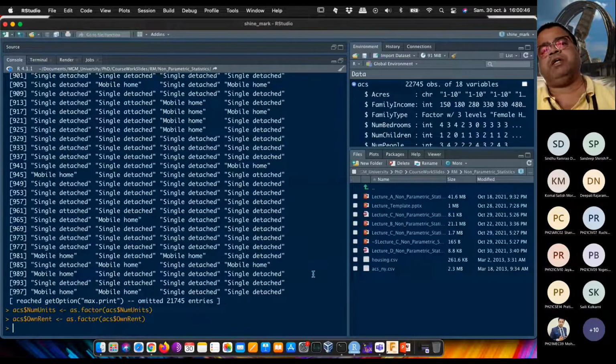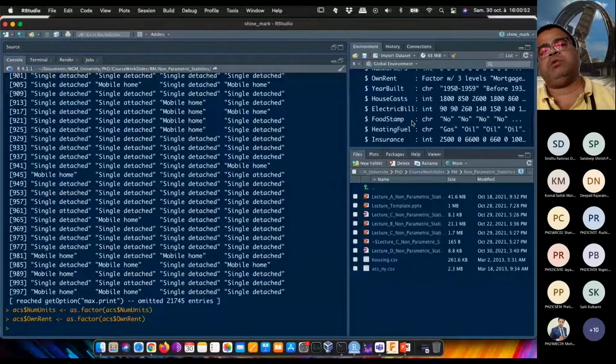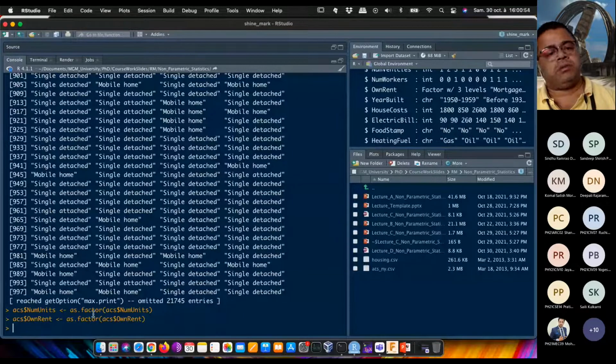I'm converting each of these things into known variables. So year built and all that. Do the same thing with year built. Now look at this, what is happening here is I have to manually type everything.